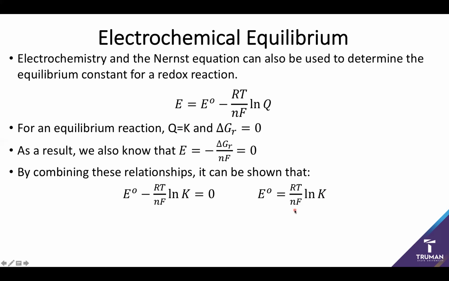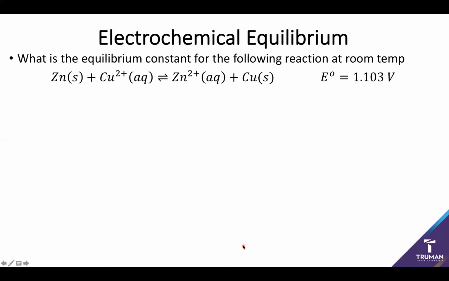And as we've stated before, you can determine your standard state potential from essentially a lot of reduction potentials. So then this lets us determine our equilibrium constant, again, just making note of the standard state potential, which can come from a table, the number of electrons, which should come from a balanced reaction, and the temperature of the system. So let's go ahead and look at some reactions for a reaction at room temp.